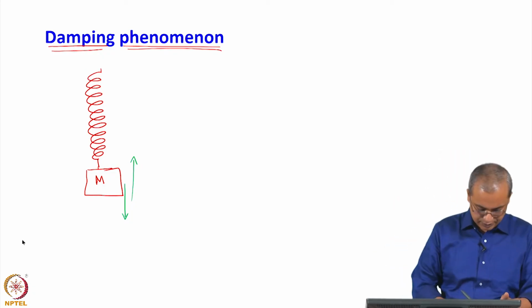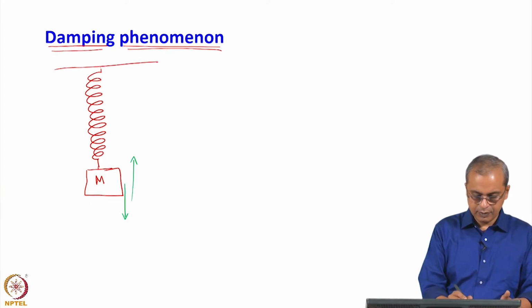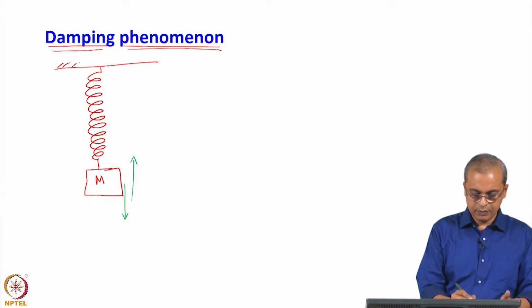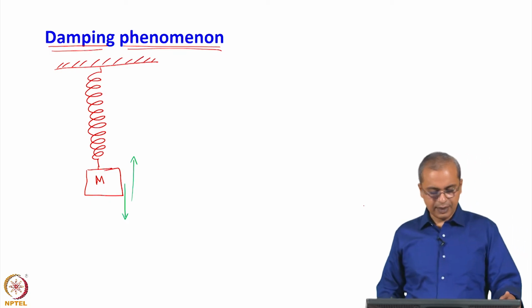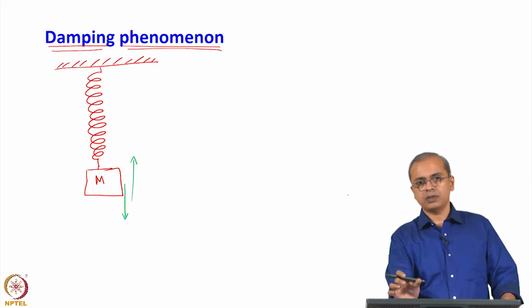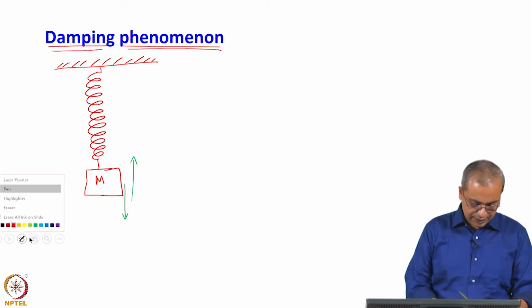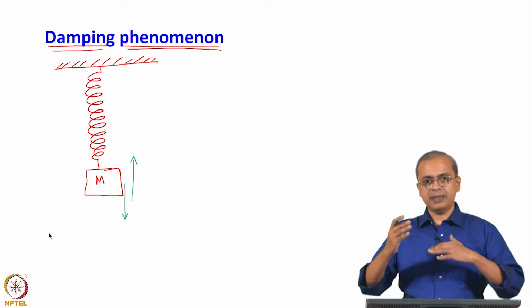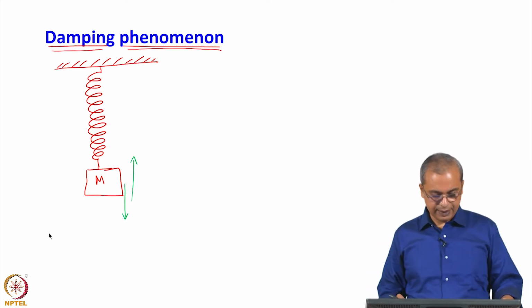Let us say this is fixed, some ceiling from which it is hanging down, so gravity is pulling it down, and on top of it you pull it down some more and then release it, and then it goes back up. So this is the typical scenario of something that is vibrating, moving back and forth.